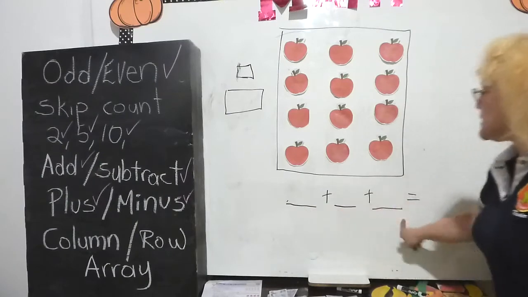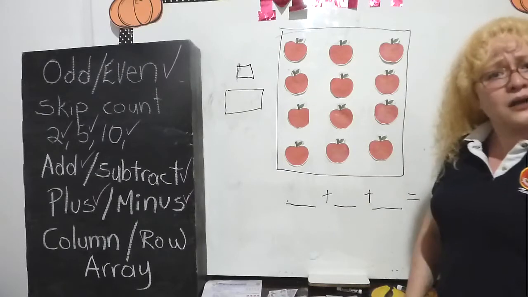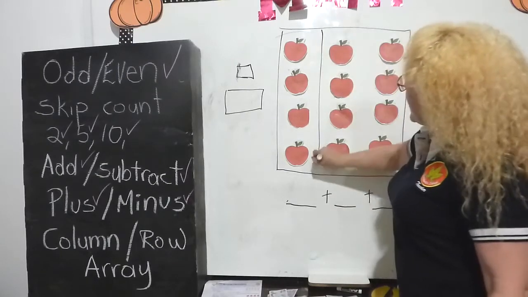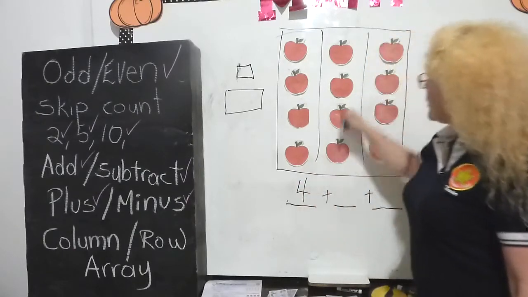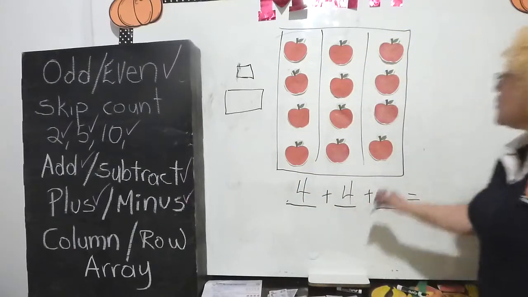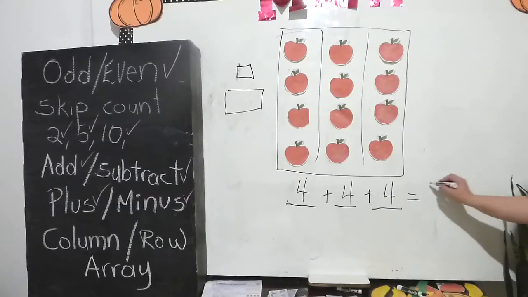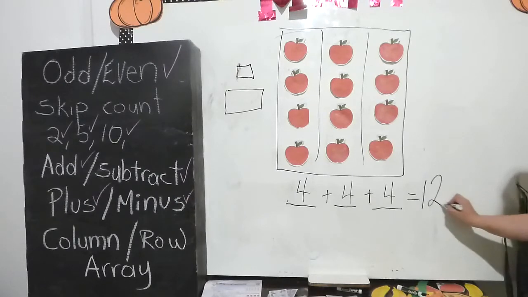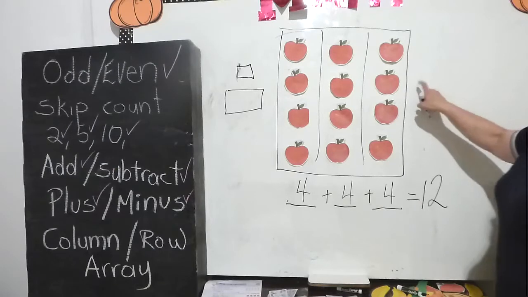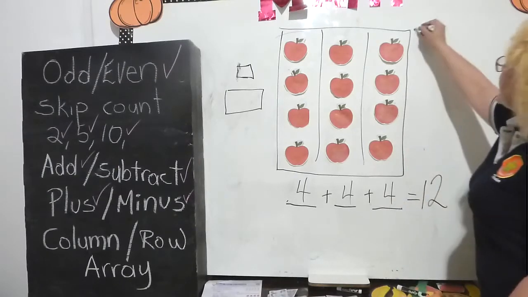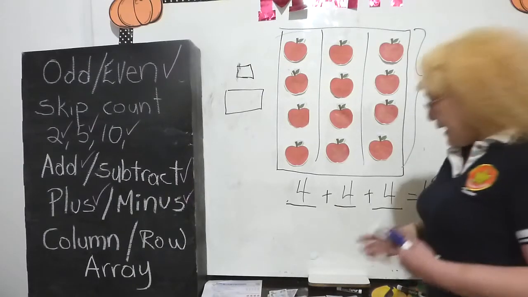If I have 3 spaces, do I have to use the columns or the rows? Yes, the columns. How many apples do I have in each column? 1, 2, 3, 4. So 4 plus 4 plus 4 equals 12. That's my equation. Sometimes it's easier when you count them first. I have 12. Okay?